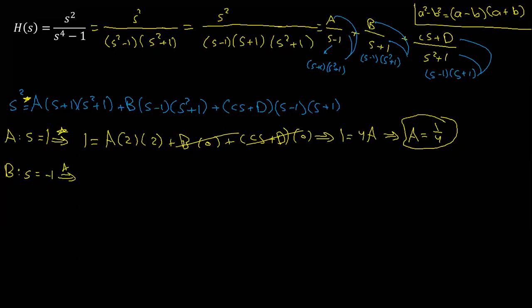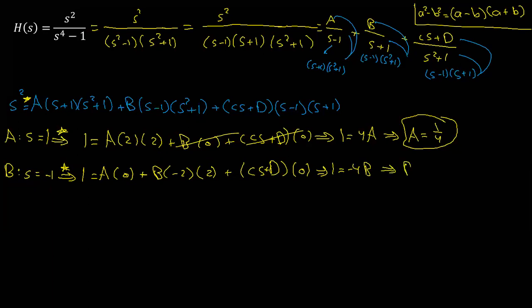In equation star I have now: minus 1 squared, it is 1, equal A times 0, plus B times minus 1 minus 1, it's minus 2, times minus 1 squared plus 1, it's 2, plus all the bracket multiplied by 0. So I have 1 equal minus 4B. My B is minus 1 over 4.